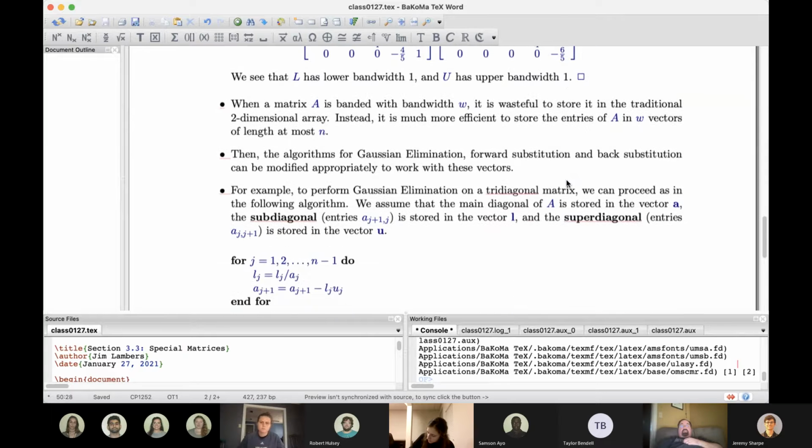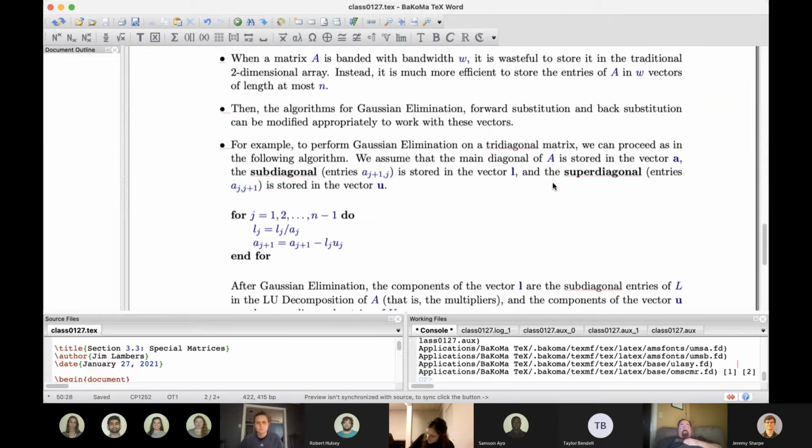So for a tridiagonal matrix, here's an example of how Gaussian elimination can proceed. If I have a main diagonal in the vector A, subdiagonal in the vector L, and a super diagonal in the vector U, then this is Gaussian elimination for a tridiagonal matrix. If you remember the algorithm for Gaussian elimination that I showed you a week ago for the general case, that algorithm involved a whole lot more. There are 3 levels of loops for our order n-cubed operation algorithm.